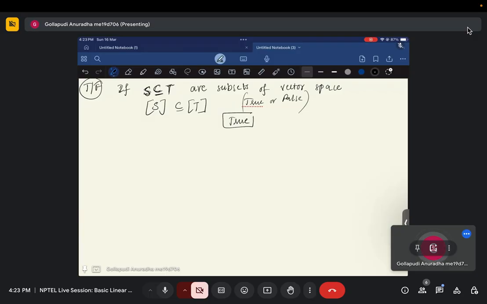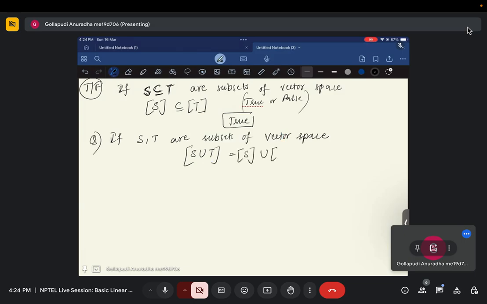Okay, and one more question. If S and T are subsets of a vector space, true or false? Another question.